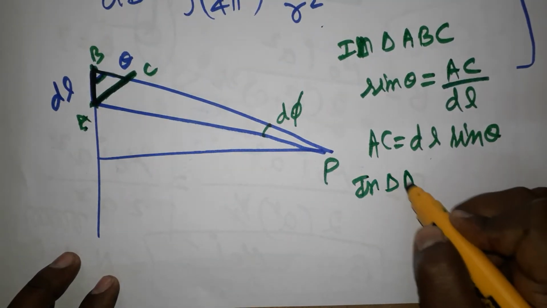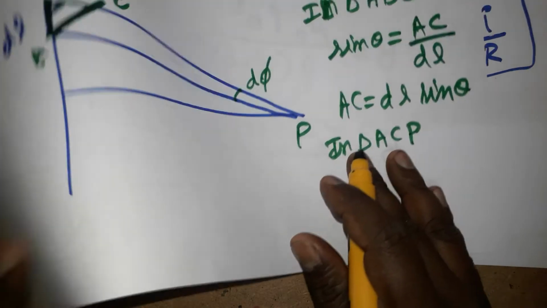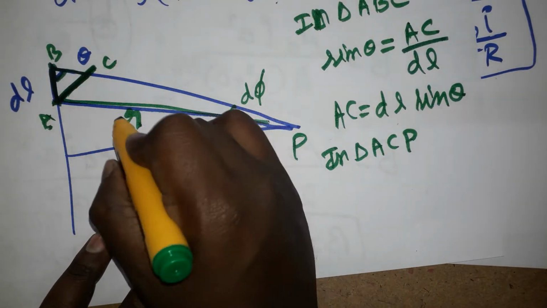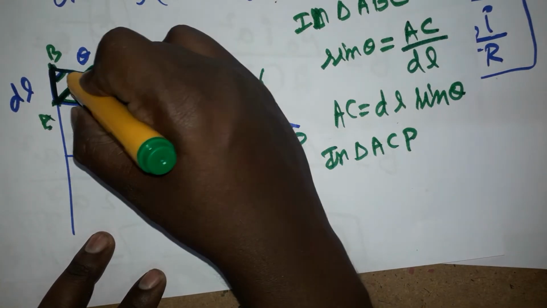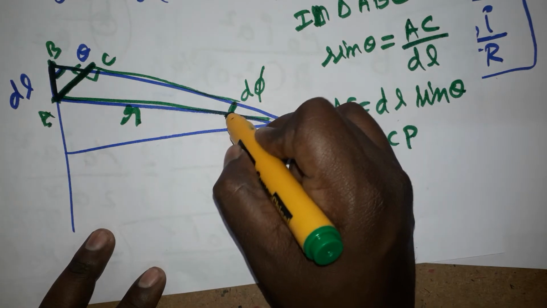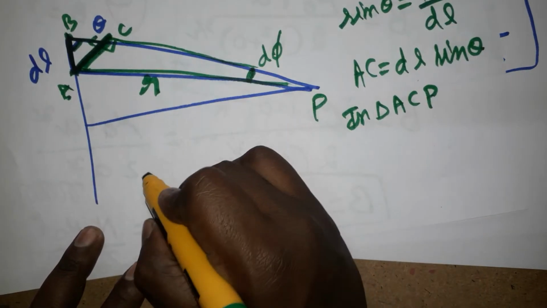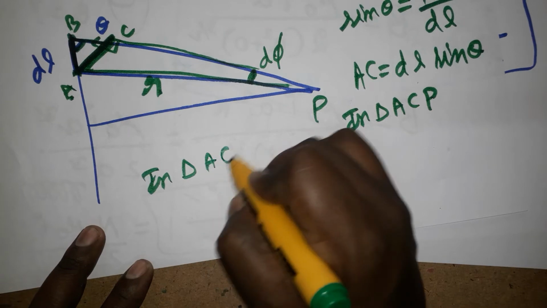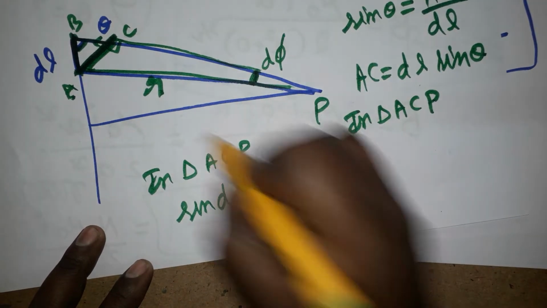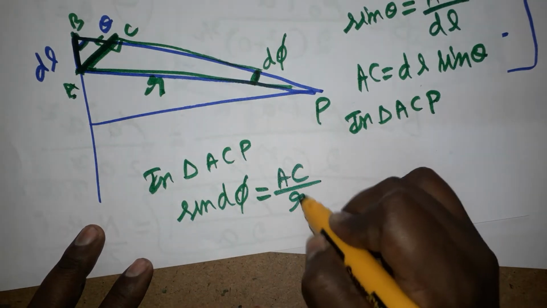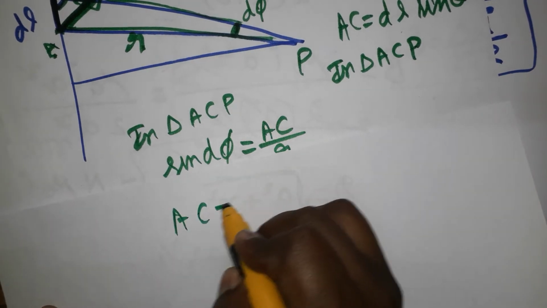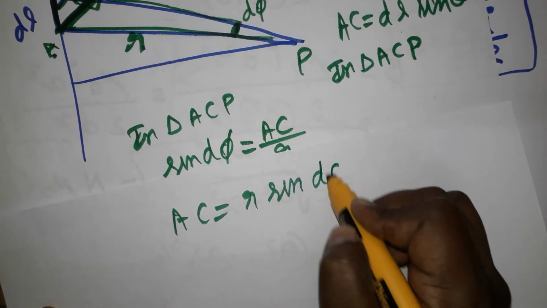In triangle ACP, this is small r, the hypotenuse of this triangle because it is a perpendicular length, and this d phi is the opposite side. In triangle ACP, sin d phi is equal to opposite AC over hypotenuse r. So AC is equal to r times sin d phi.